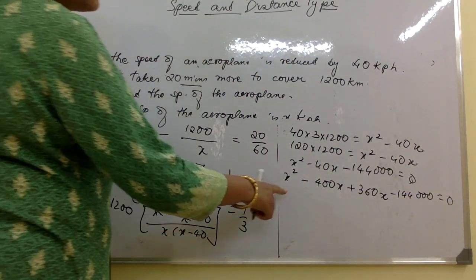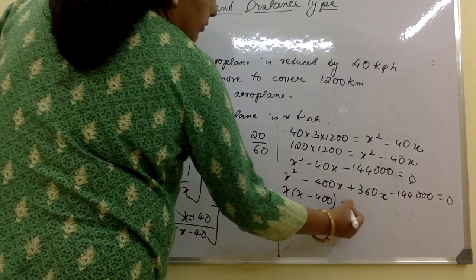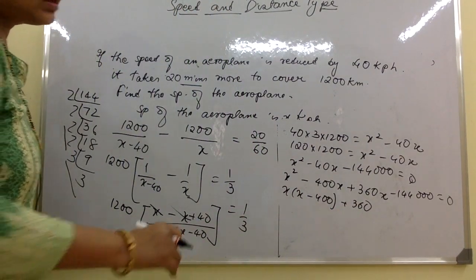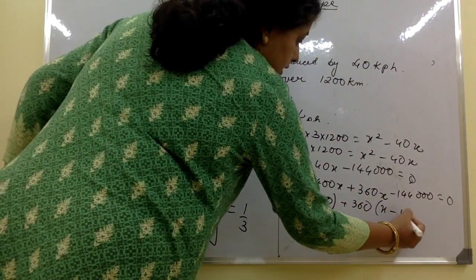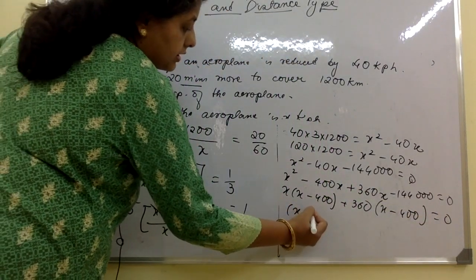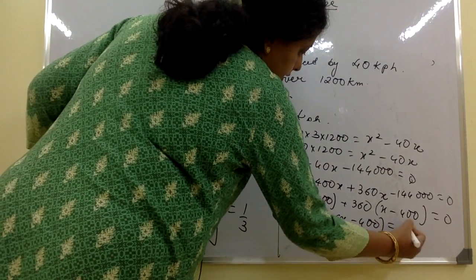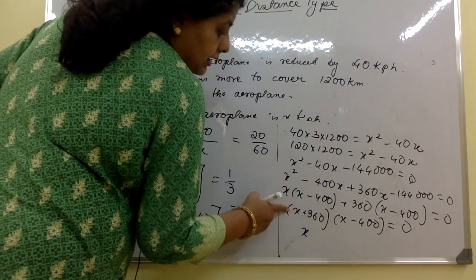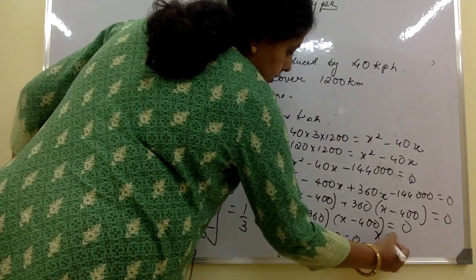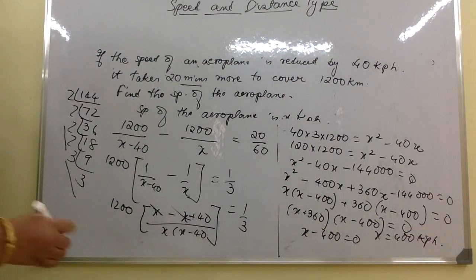So now this is x into x plus 360 minus 400 times x plus 360, that is equal to 0. So x plus 360 and x minus 400 is equal to 0. I can't take this, so I will only take this factor, and x is equal to 400 kilometers per hour. So I got my answer.